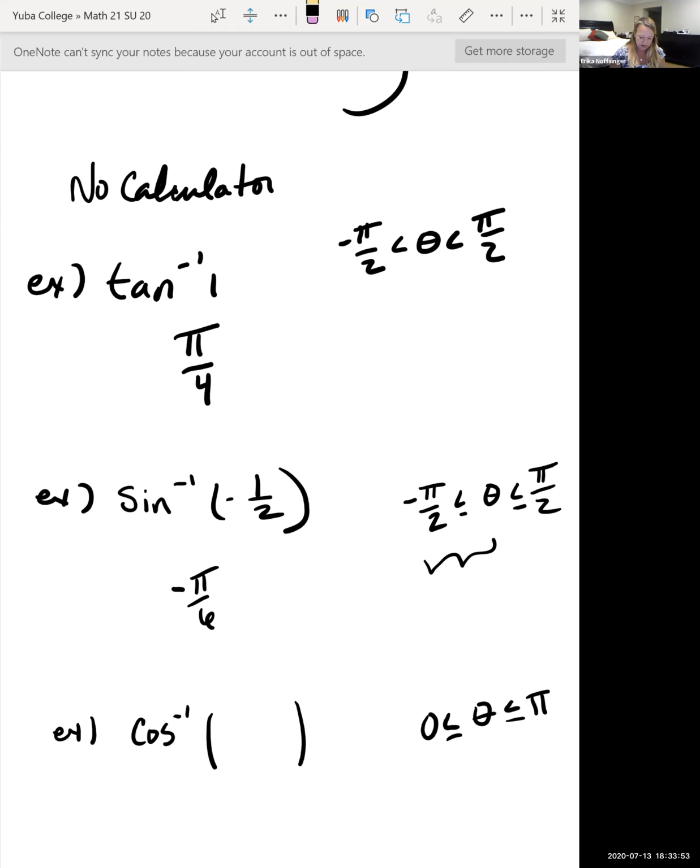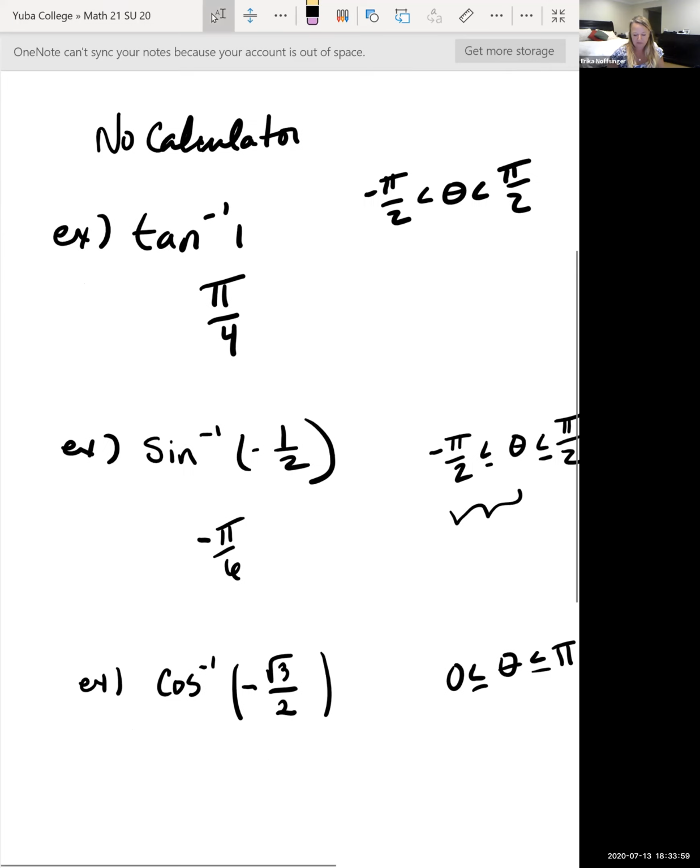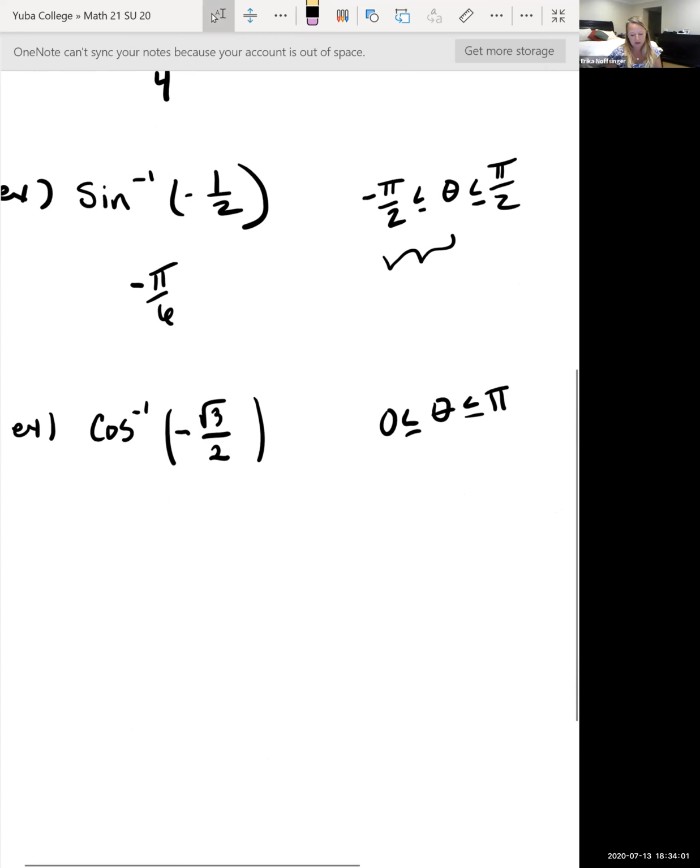And if we wanted to find cosine inverse of, let's say, negative √3/2, I think to myself, well, cosine inverse of a negative, that's telling me the value of cosine that would give me back a negative has to be in quadrant 2. So it has to be between pi halves and pi.